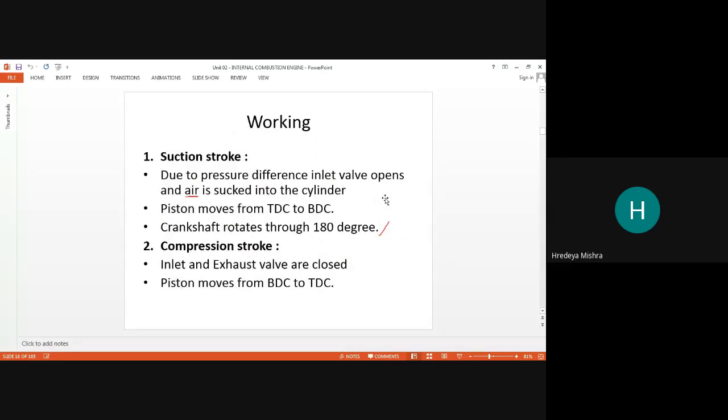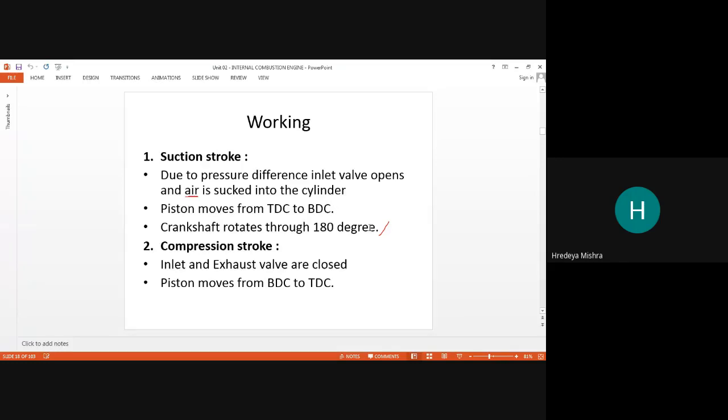Here is what I told you, written out. Suction or intake stroke: due to the pressure difference, the inlet valve opens and air is sucked into the cylinder. This is the important thing: not an air-fuel mixture, only air. The piston moves from top dead center to bottom dead center, and the crank rotates through 180 degrees.